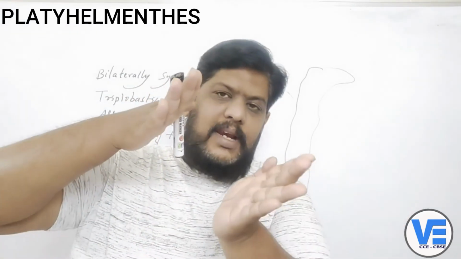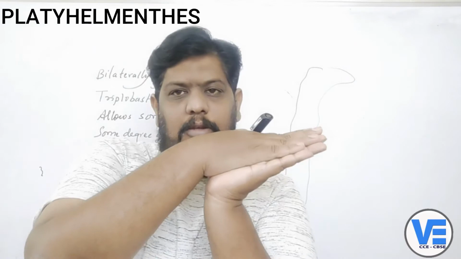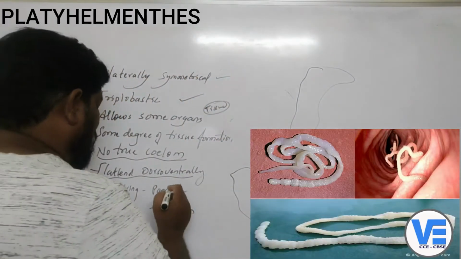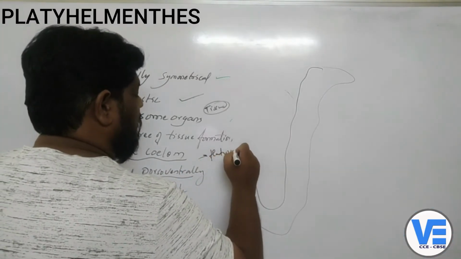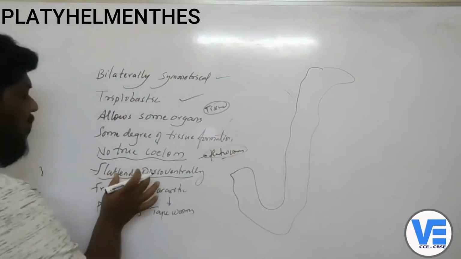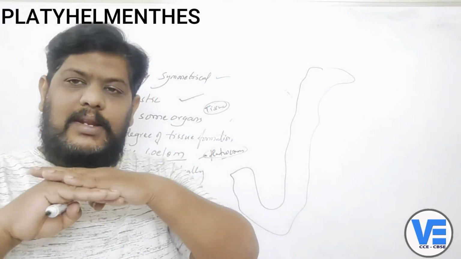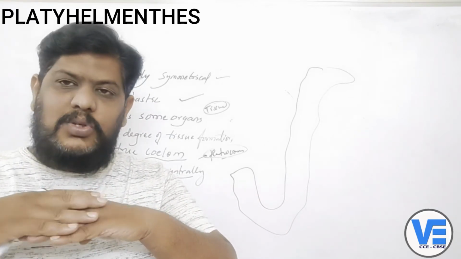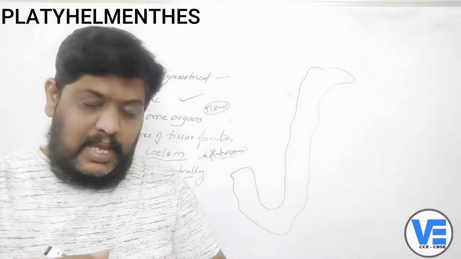So the dorsal side and ventral side are flattened. That's the reason why we call them the flatworms. These organisms are flattened dorsally and ventrally. Dorsal is the stomach side, ventral is the back side. So dorsally and ventrally both are compressed.